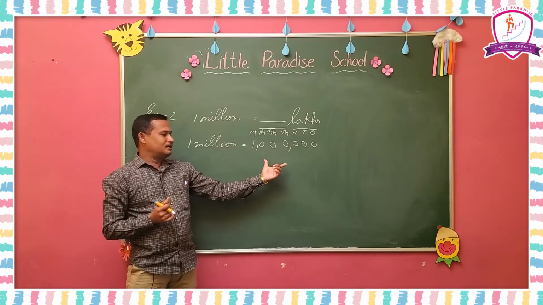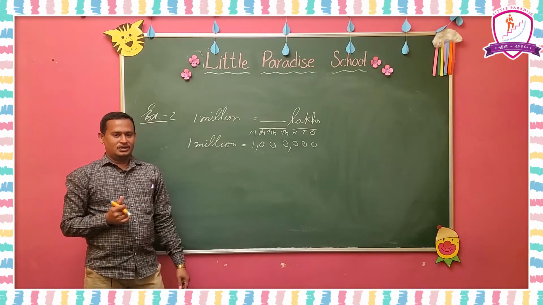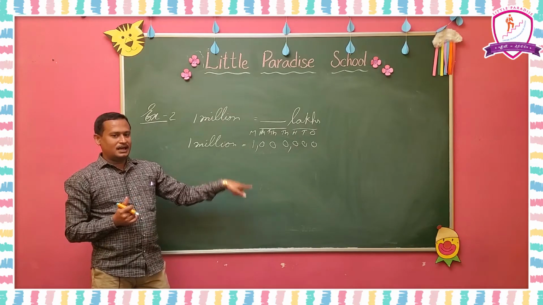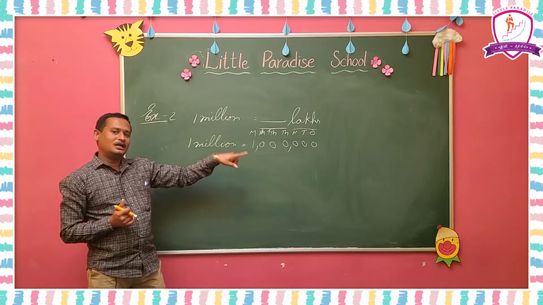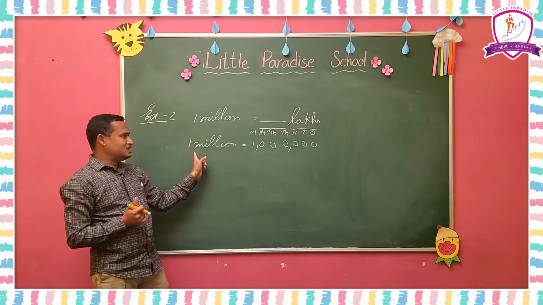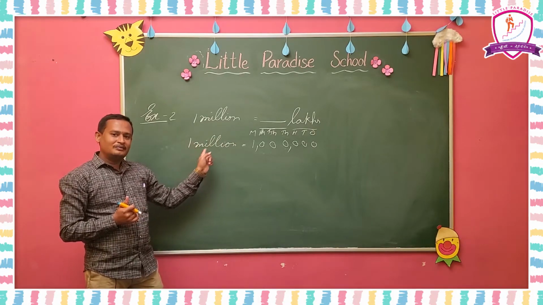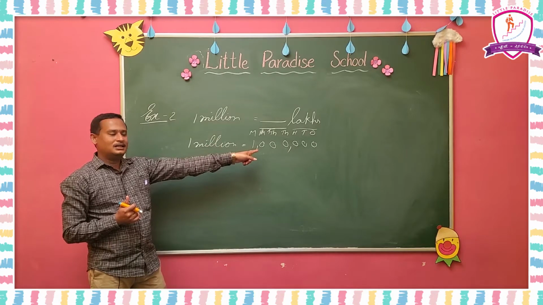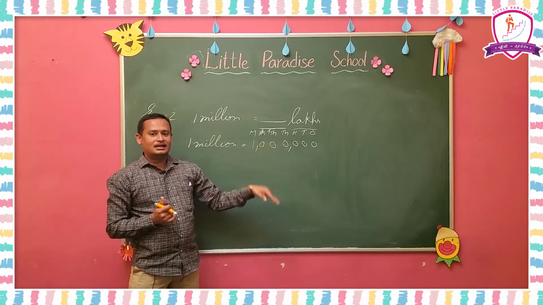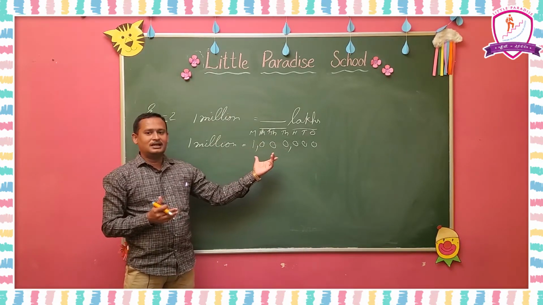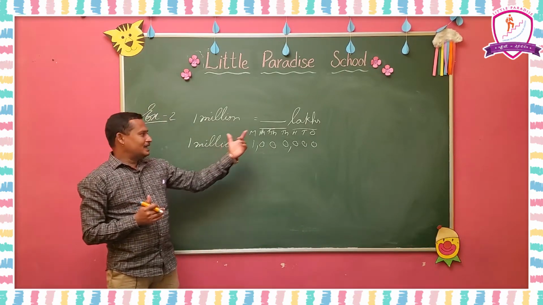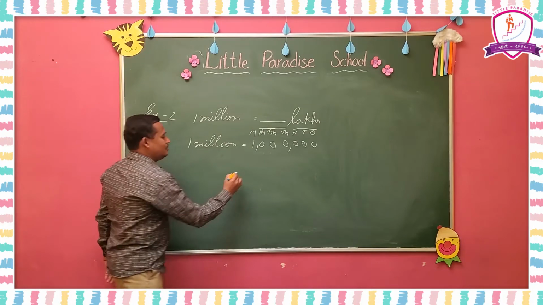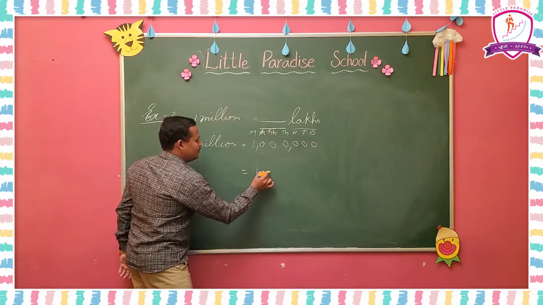So here in 1 million how many lakhs are there? You have to copy this number again, and write the places according to the Indian system. Here the question is given in the international system, but you have to convert this number into the Indian system, then write how many lakhs are in that number. So first I am going to copy this number again, without commas.